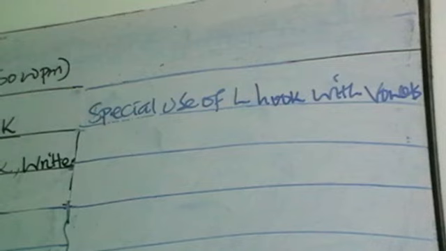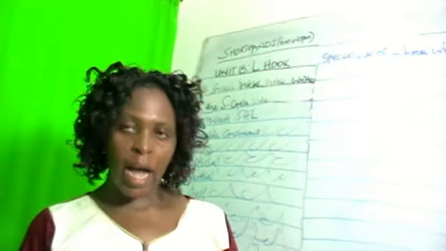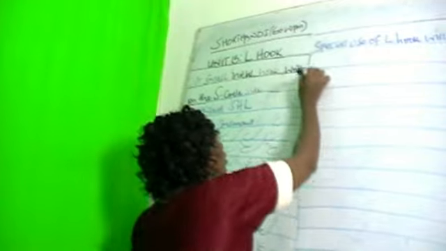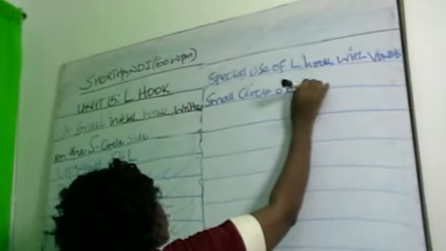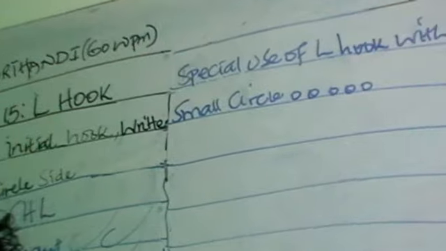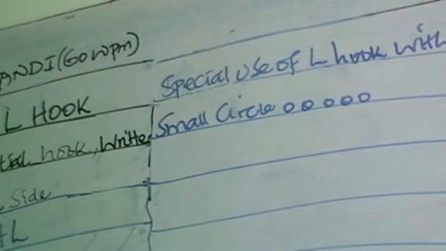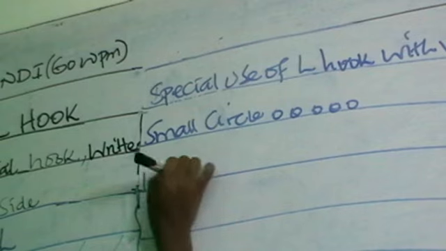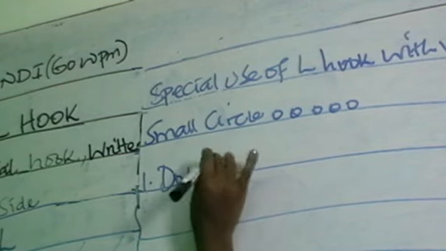So in this case, this is the case where we use a small circle. A small circle is used to represent a certain vowel, and we begin with a dot vowel.